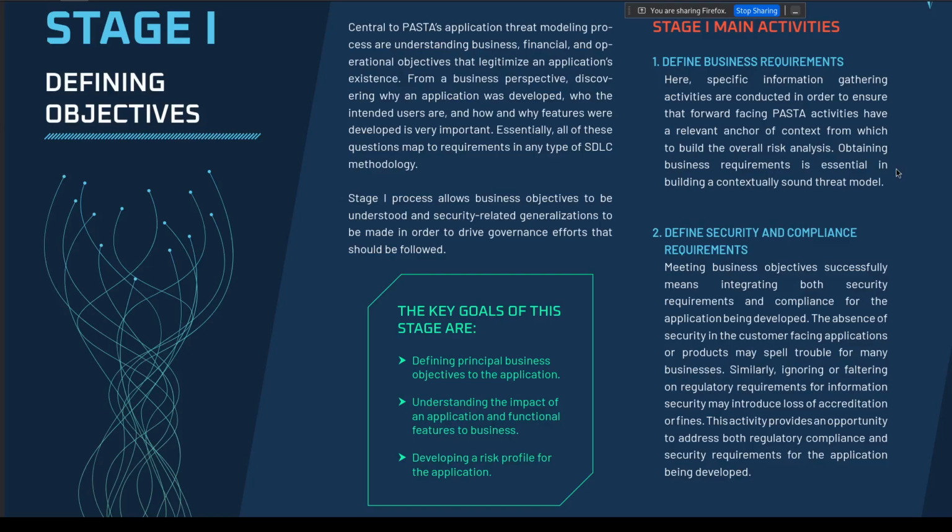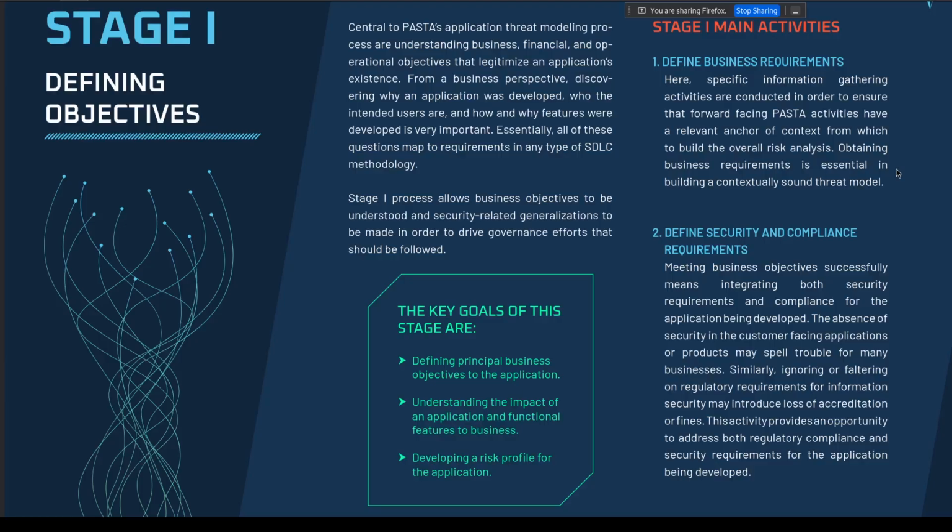But when it comes to a healthcare application or a payment card industry application, there we will have certain sensitive data like PCI, payment card info, PHI, patient healthcare info, and PII data belonging to customers, etc. So confidentiality is the main thing in the security business requirement. We need to understand it, because it will help us form the threat modeling in such a way that it helps the business.